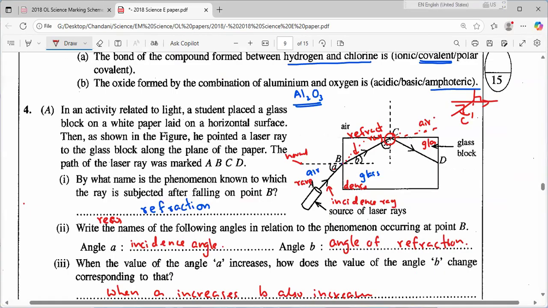And if the angle is less than the critical angle, I'm talking about this angle, then it enters the second medium. So only if the angle is greater than C does total internal reflection happen.